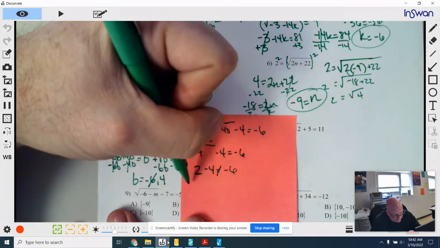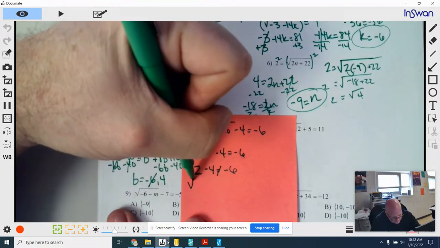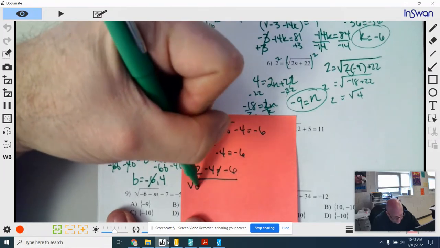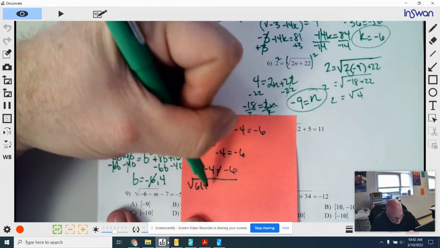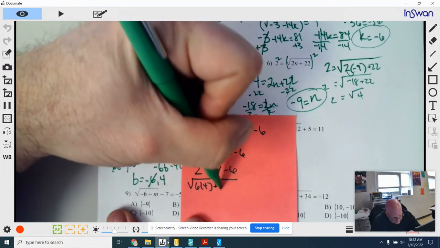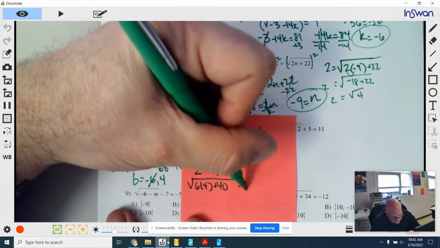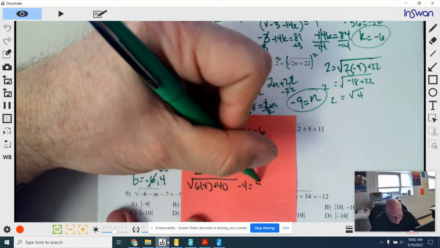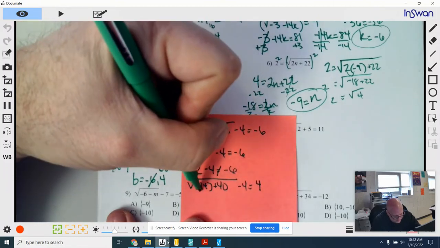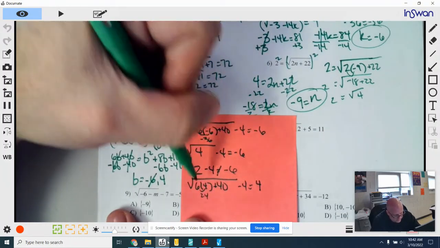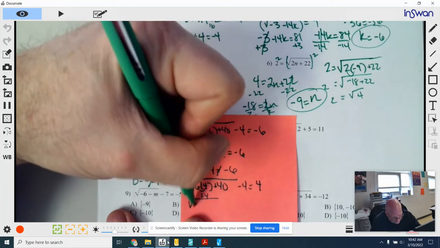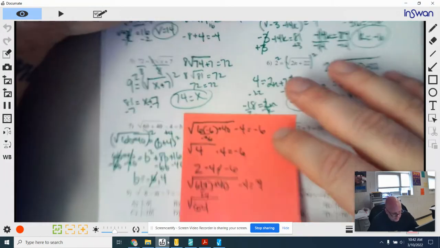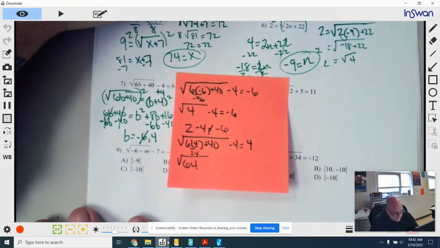Okay, let's try it when we plug in 4. So if I do 6 times b, so we're thinking it's 4, so that's 24. Plus 40, take away 4, equals b, 4.